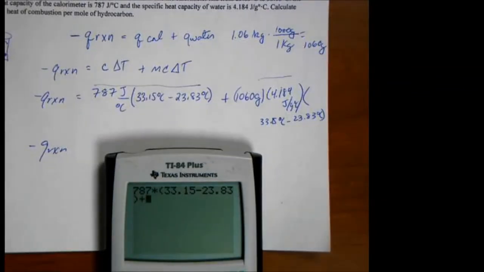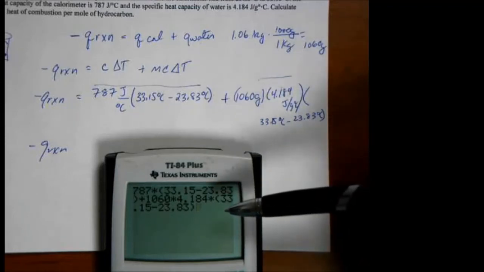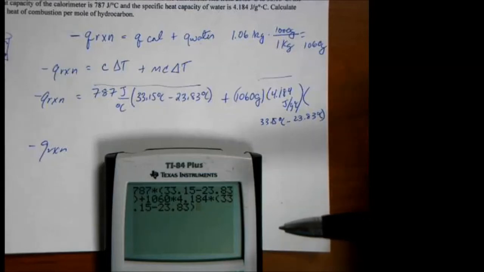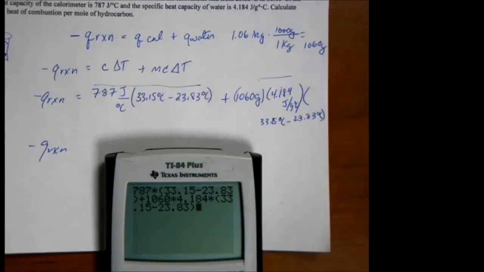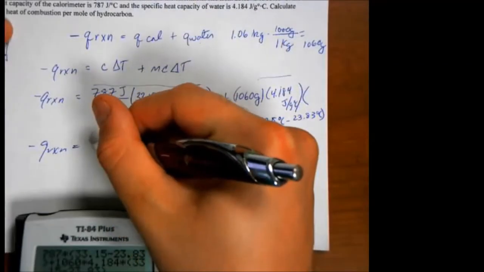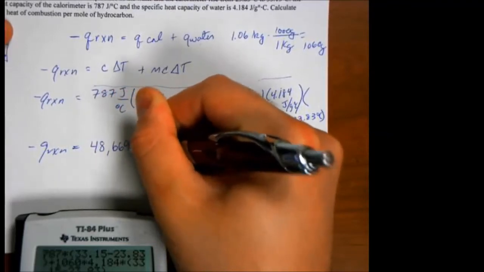So we're going to add to that 1060 times 4.184 times, and then again we plug in our delta T, (33.15 minus 23.83). Now I just want to point out that the delta T's have got to be in parentheses. Remember PEMDAS, so you have to make sure you get the order of operations right to get the right number. Okay, so the Q of the reaction in this case is going to equal 48,669 joules.